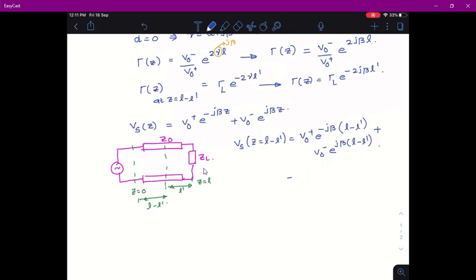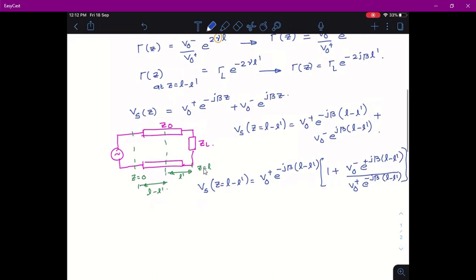So I can write Vs at Z equal to L minus L dash is equal to V0 plus e raised to minus j beta of L minus L dash multiplied by 1 plus V0 minus e raised to plus j beta into L minus L dash divided by V0 plus e raised to minus j beta into L minus L dash.